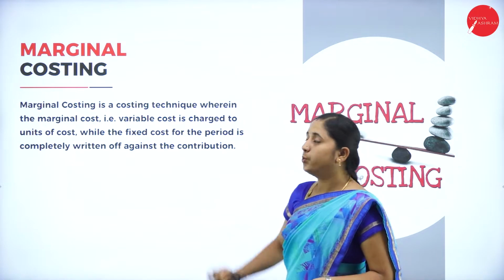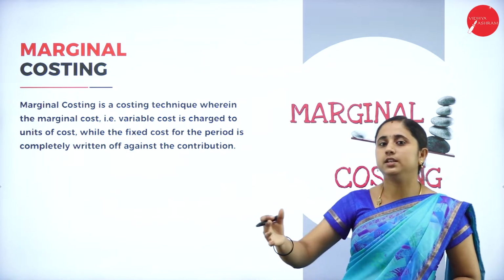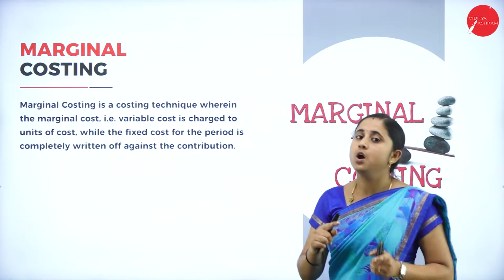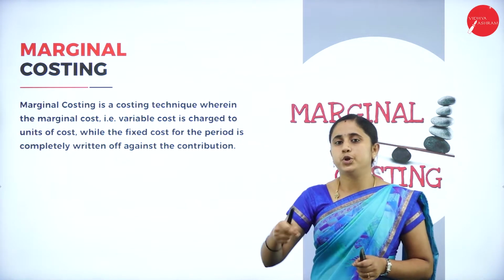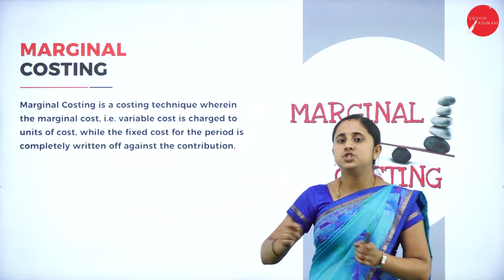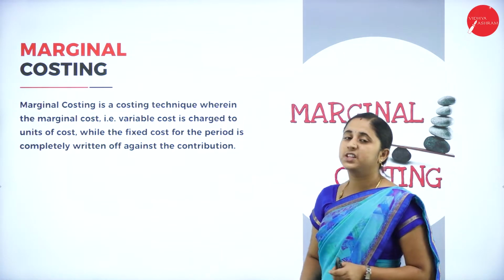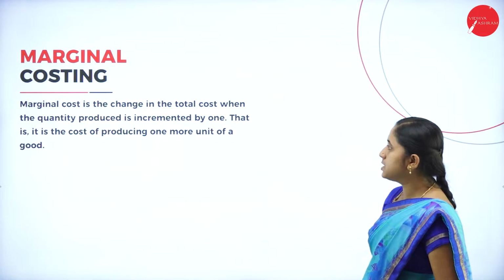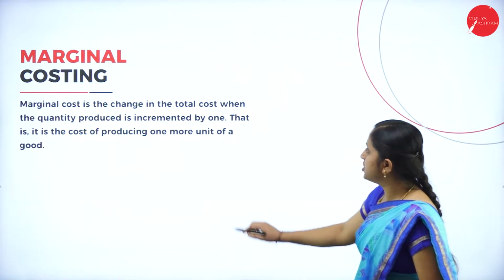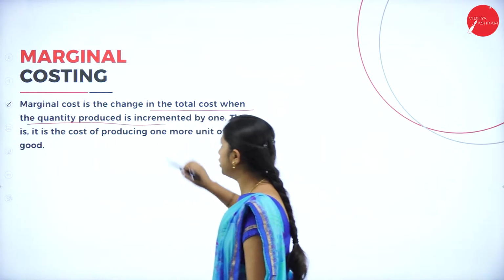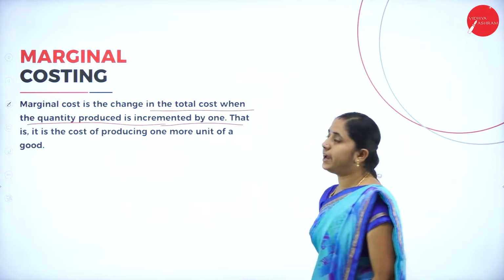So here we need to calculate changes in the total cost when you produce one more unit or one extra unit. To produce one extra unit, the changes in the total cost. So to calculate that cost, we use marginal costing. Marginal costing is the changes in total cost when the quantity produced is incremented by 1.